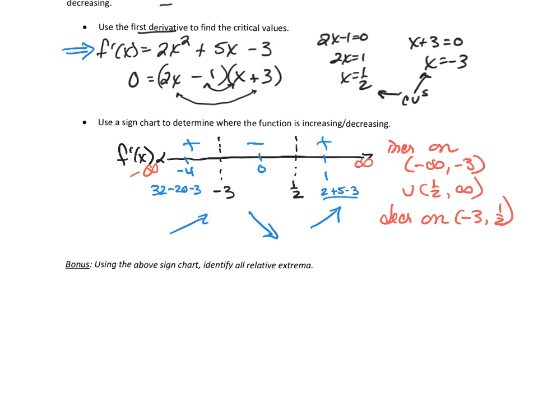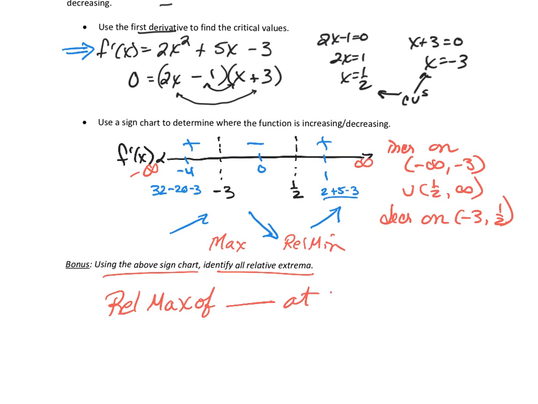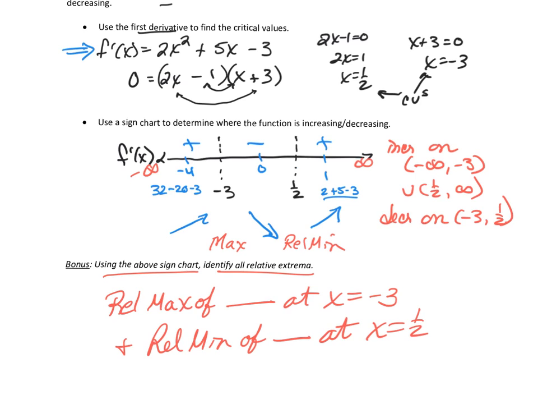Now they're asking us to use the above sign chart to identify all the extrema. Here we're going to have a relative max, and here we're going to have a relative min. So there is a relative max of, find the y value at x is negative 3, and a relative min of, go find the y value at x equals 1/2.